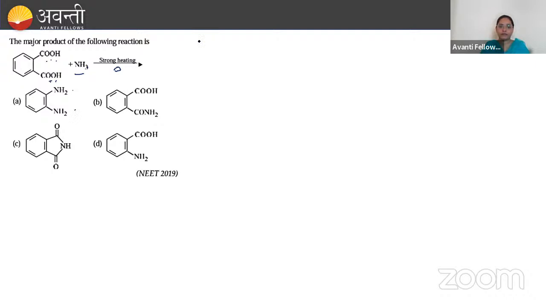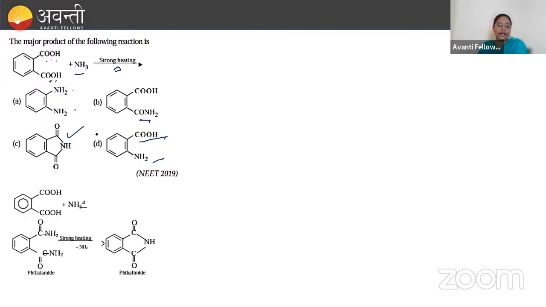Okay, Priyadarshani, yeah. We will see the mechanism of this. Here there is COOH, here CONH2, here COOH, here NH2. What is happening here? Imide is forming. Okay, there is a formation of imide here. So let's see the mechanism of this reaction. What happens when strong heating takes place?